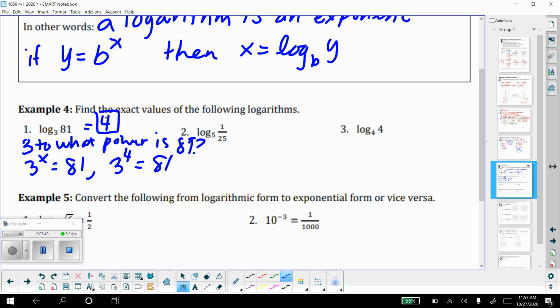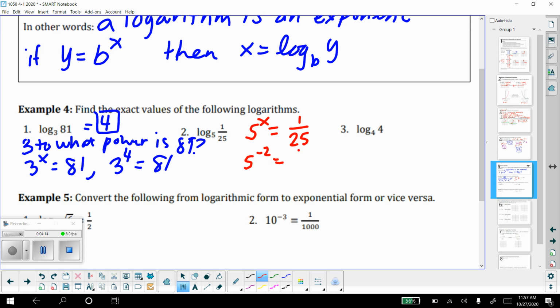It is the exponent. Let's look at number 2 for the same type of idea. 5 to what power is going to give us 1 over 25? Well, we have a reciprocal happening in here, so we definitely need a negative. And then we have 5 squared, which is 25. So would it be 5 to the negative 2?